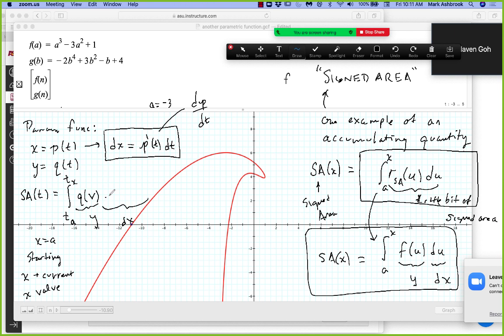P prime of v dv. So that's like my dx, the rate of change of p times dt, but we need a new symbol for t. So these v's are every t from ta to tx.